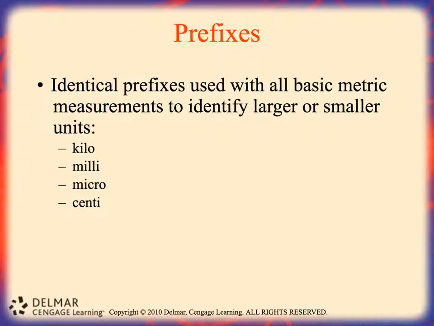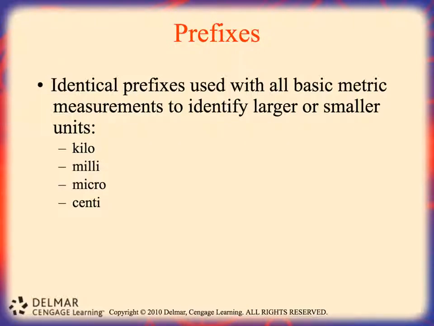Another nice thing about the metric system is you use identical prefixes with all of the basic metric measurements. Whether you're using meters, liters, or grams, you will use these prefixes.